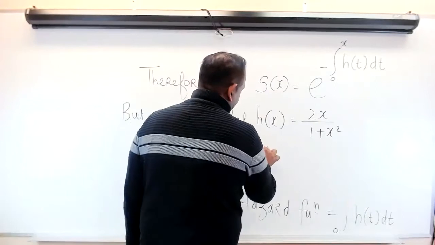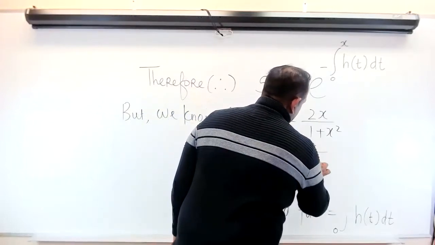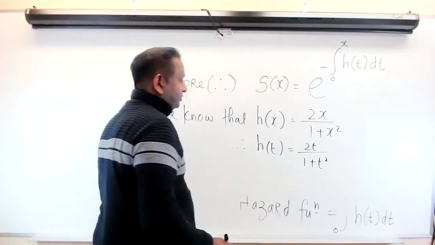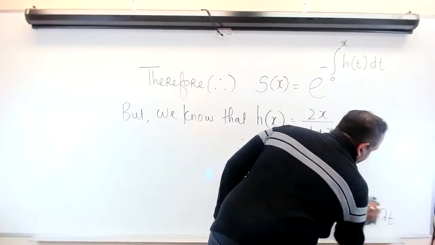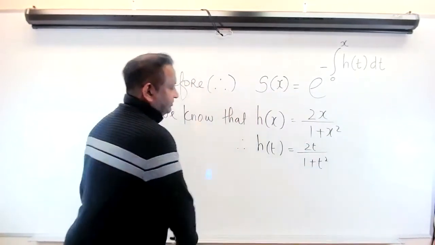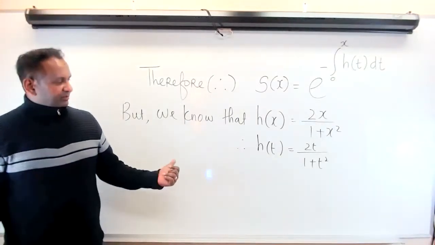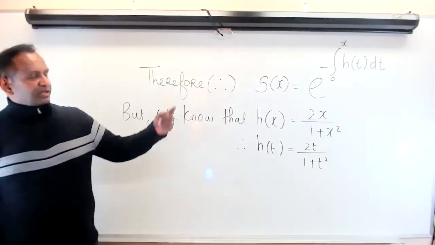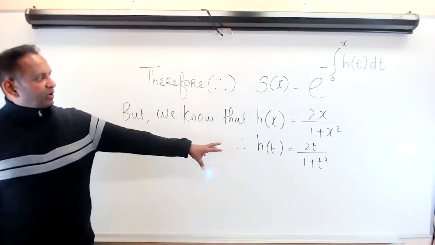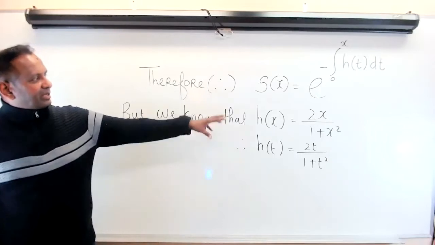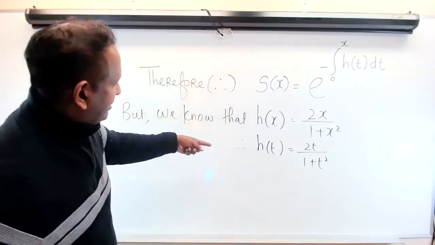Therefore, you can convert this into h(t), which is 2t over 1 plus t squared. Arbitrarily you can change the variable. It doesn't matter which letter you utilize, whether it's t or x. Let's plug in over here.